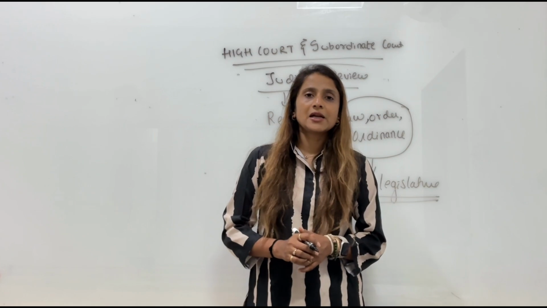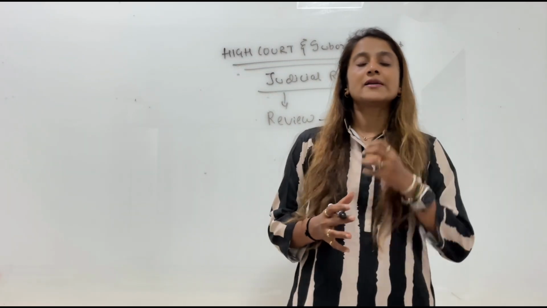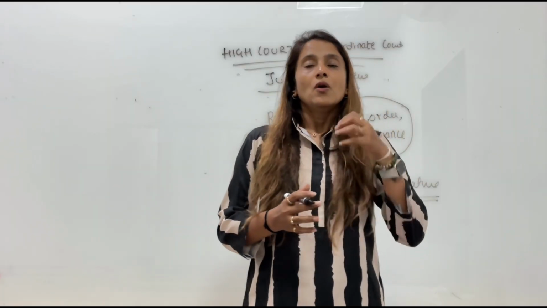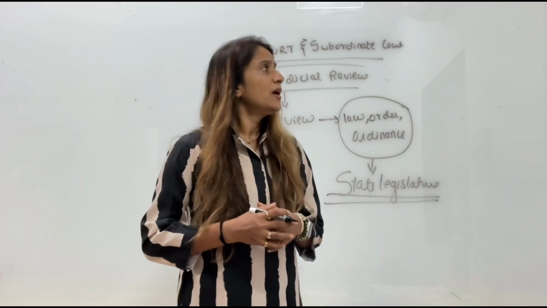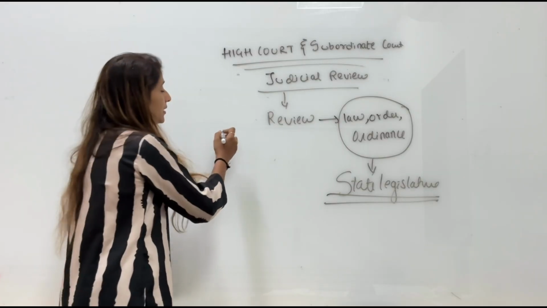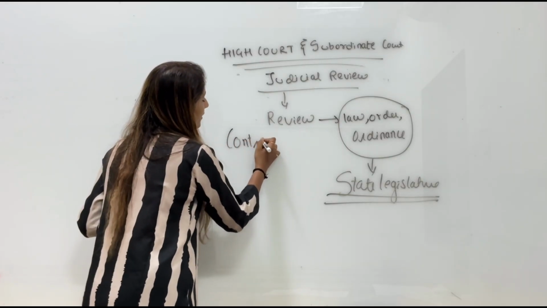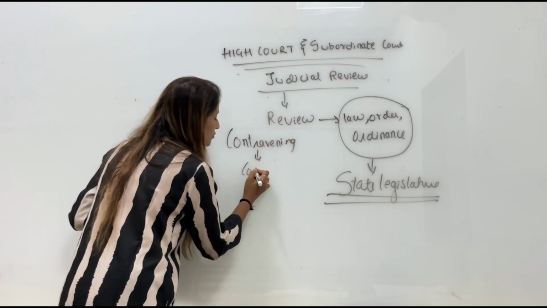So if the state legislature, that means the state government, has passed some law or some order, and High Court feels that the law is contravening, meaning going against our constitution.